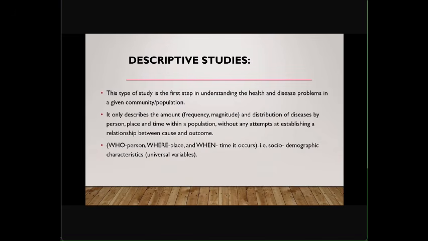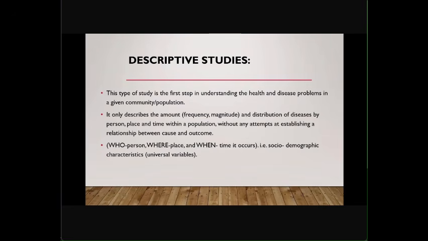It describes the magnitude, frequency, and perhaps distribution of disease in terms of persons affected, places affected, and time within a population. All it does is description, and that is why they are called descriptive studies.